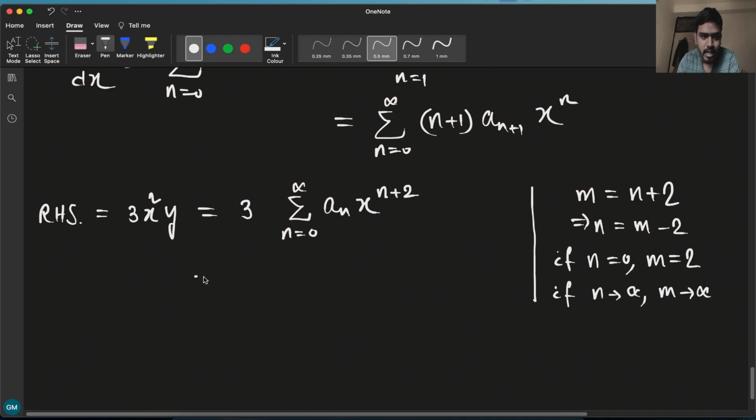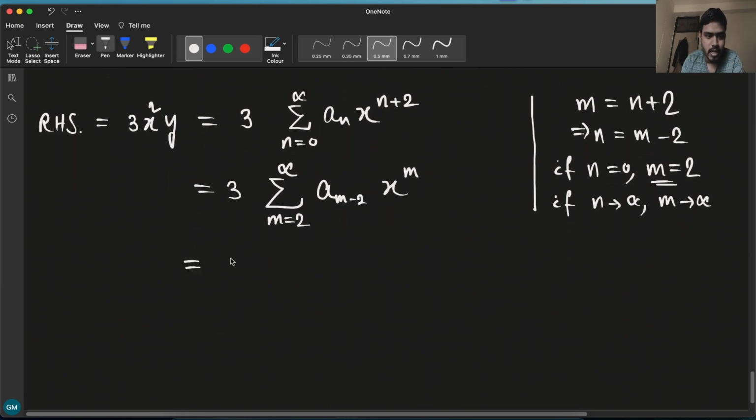So I can replace the n index with the m index: the sum from m equals 2 to infinity of a_(m minus 2) x to the power m.